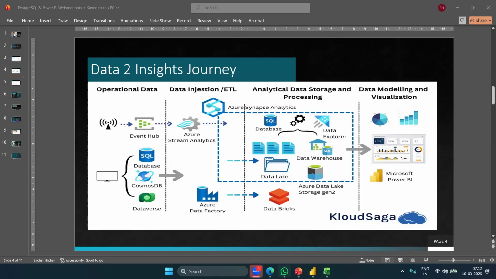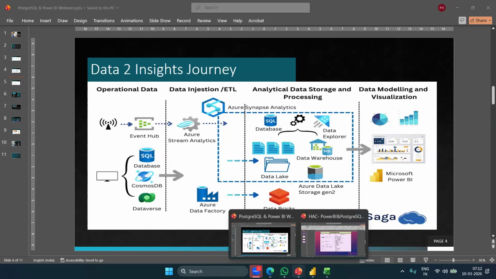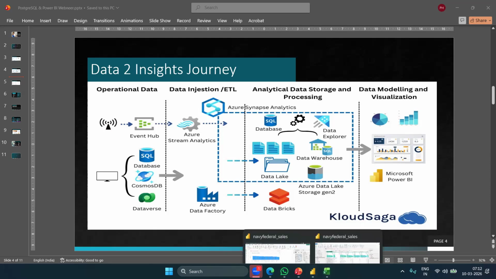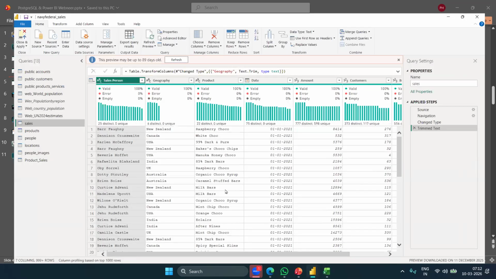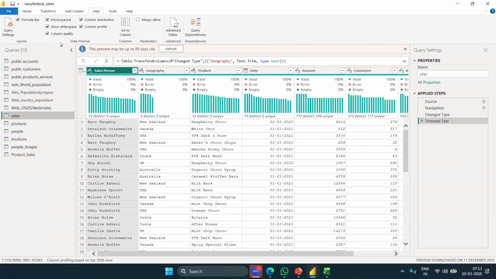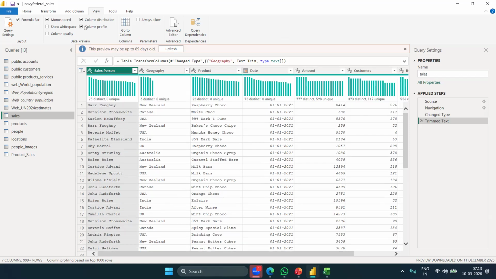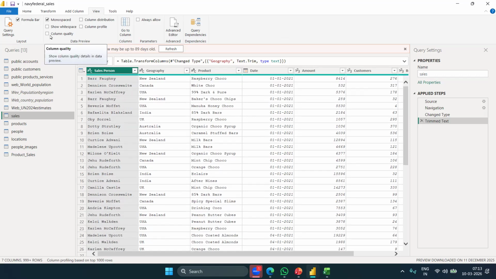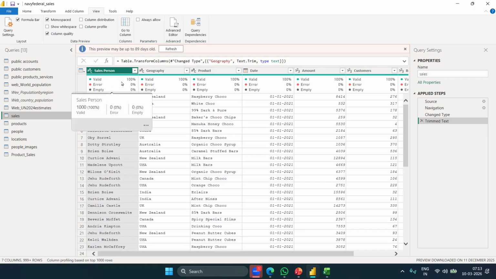So now, as a Power BI data analyst, it is very important that we are also validating the data, and we have some powerful tools like data preview. This is going to show me the column quality, how many are valid, how many errors, how many empty, and the column distribution.